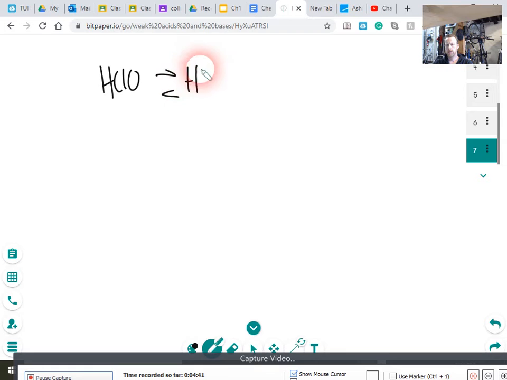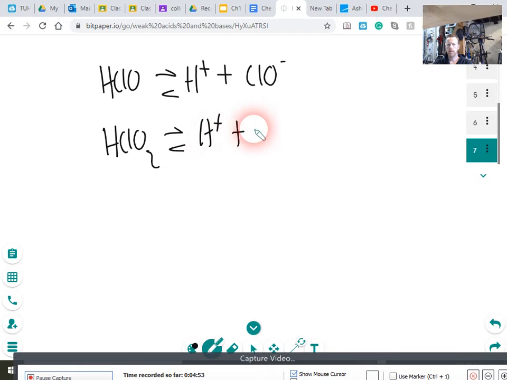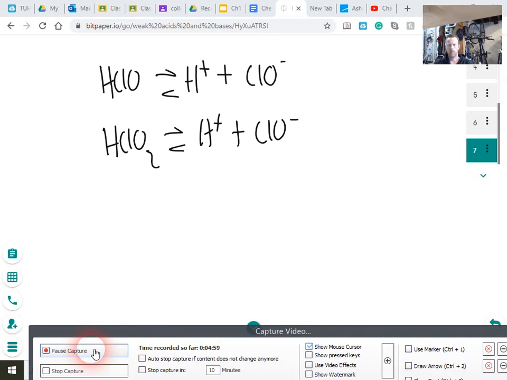It goes to H positive and then the ClO minus ion, and then HClO2 also weak, and this has a Ka here of 2.9 times 10 to the negative 8. So that's very, very weak.